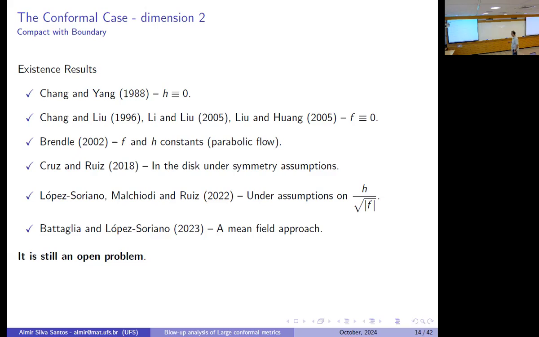But it's still an open problem to solve for any f and any h. There are many cases where you don't know the answer, whether there is a solution of the PDE.